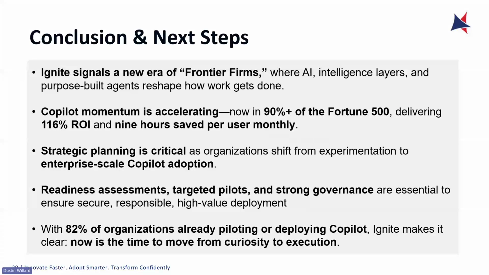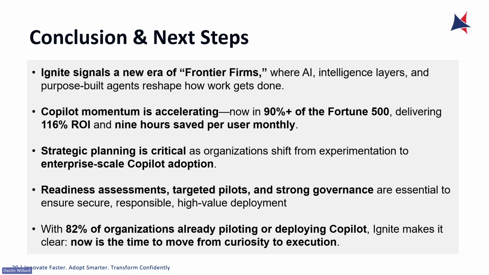So Ignite was really talking about frontier firms the entire time, meaning you're at the forefront of this. You are taking AI and bringing it to all areas of your business and leveraging all the tools to ultimately automate, get agents in place, and get more work done quicker.